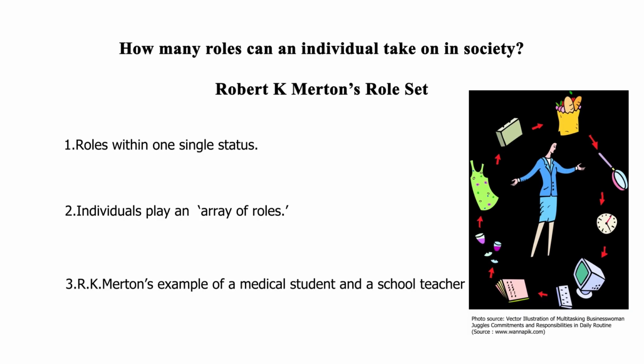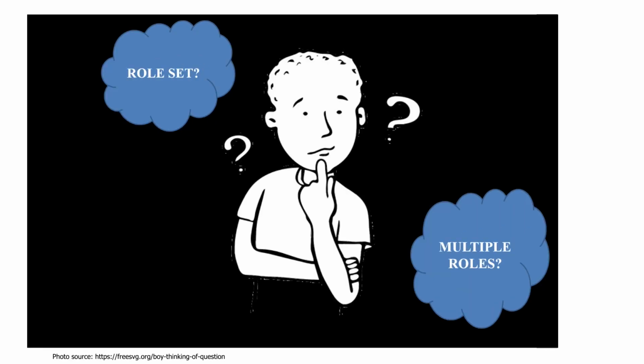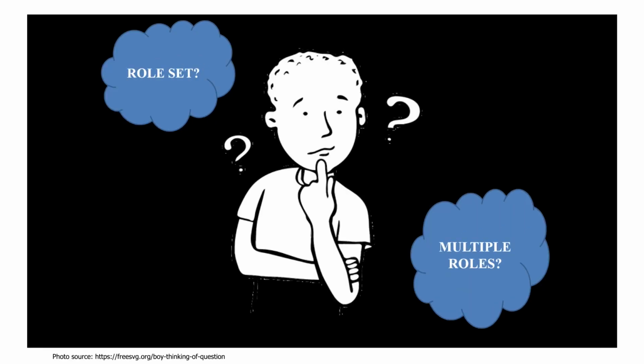Merton had also made a difference between role set and multiple roles. Merton makes it very obvious that his term role set is different and separate from what sociologists have so long termed multiple roles.